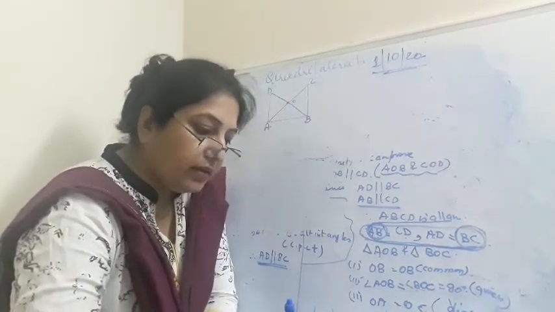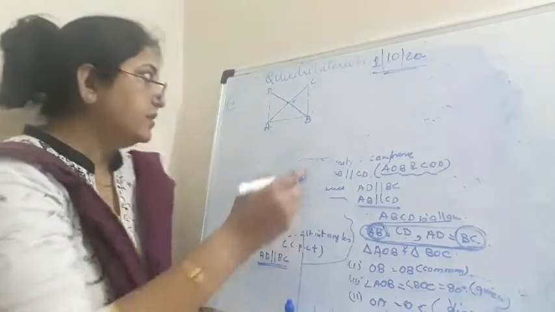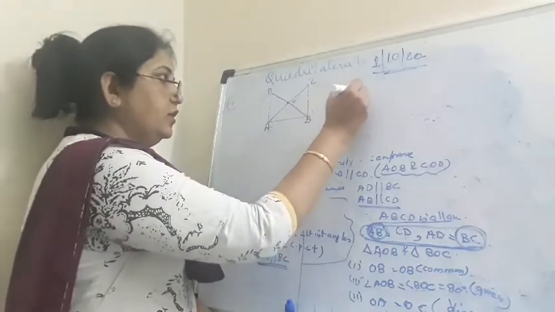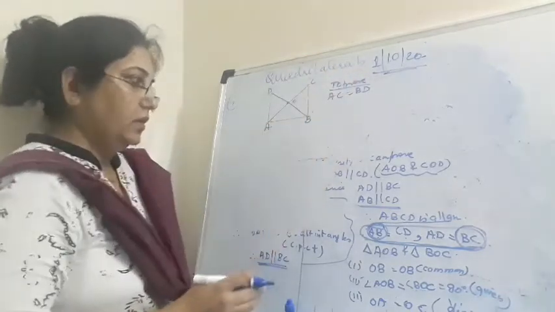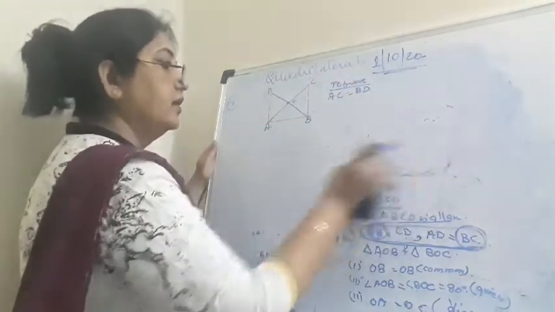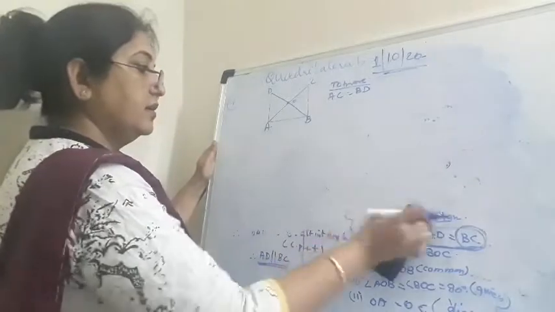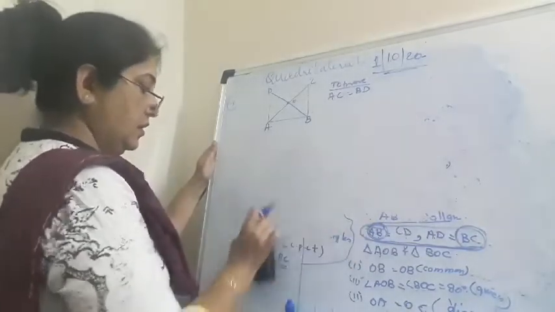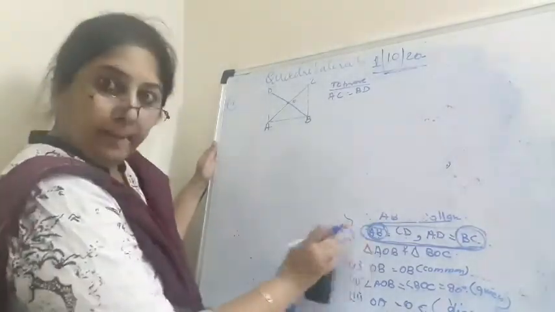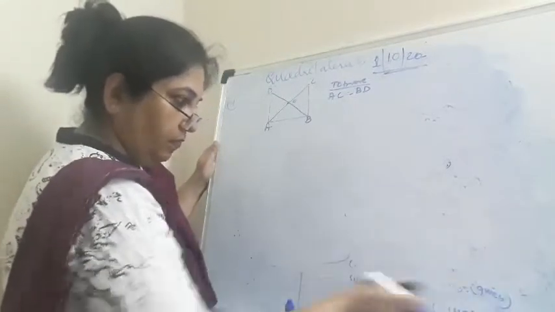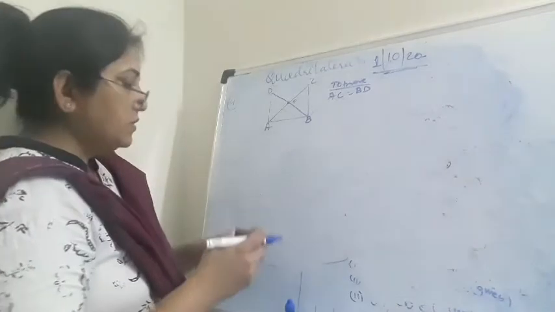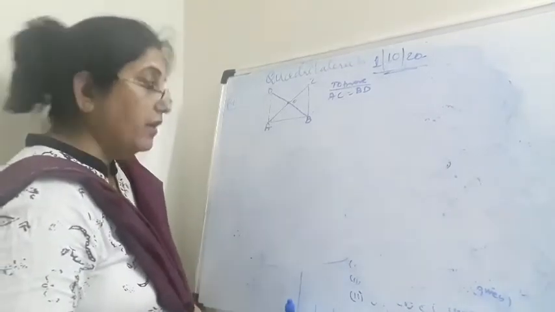Now diagonals of the square are equal, so what do we have to prove? That AC is equal to BD. This is what we have to prove. Okay, then it is also saying that they bisect each other at right angles.